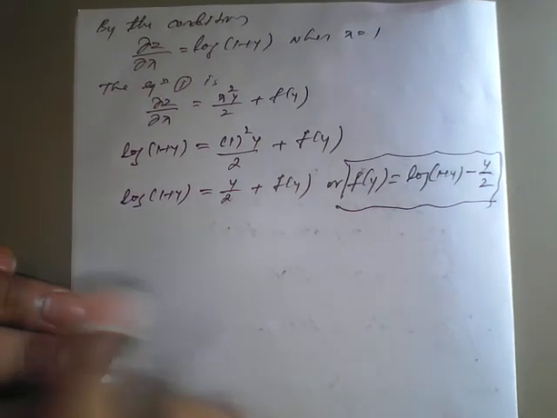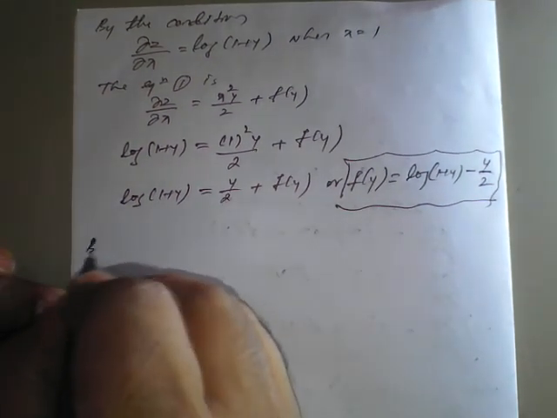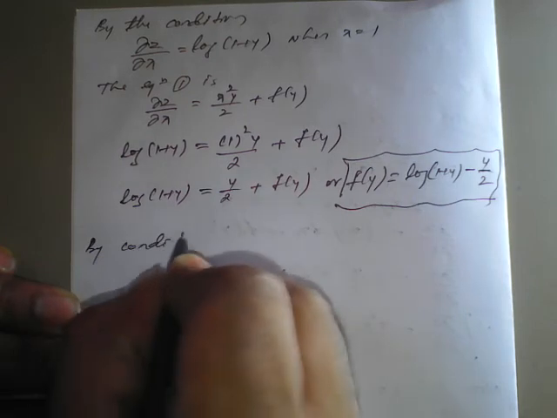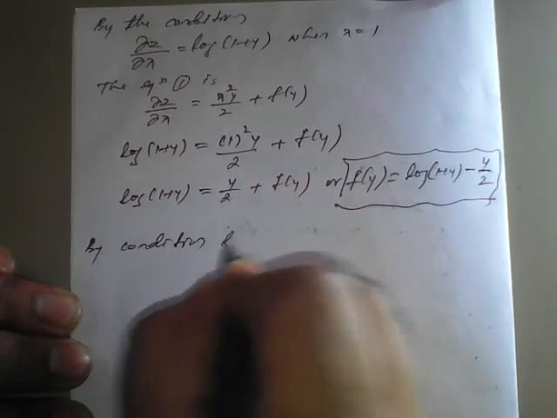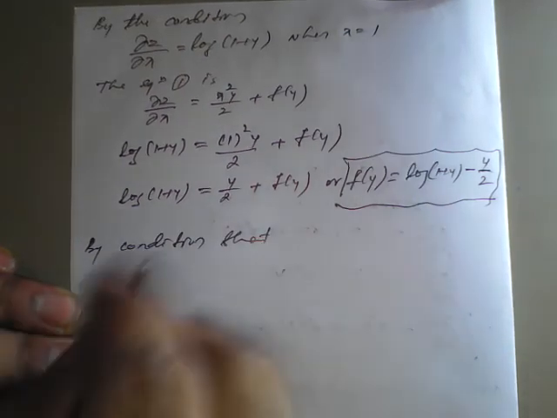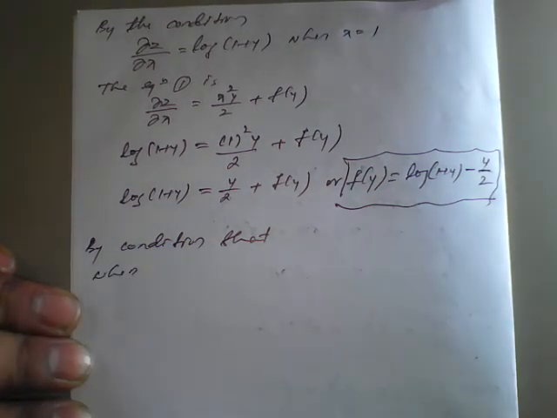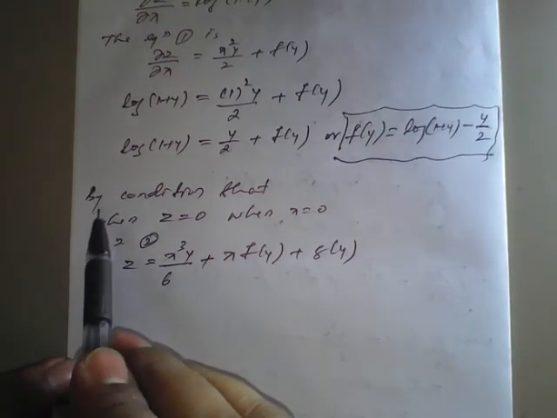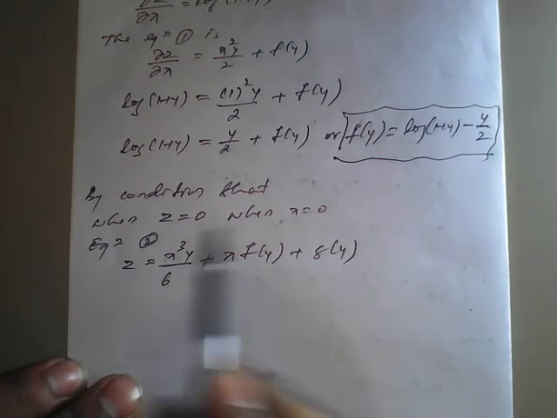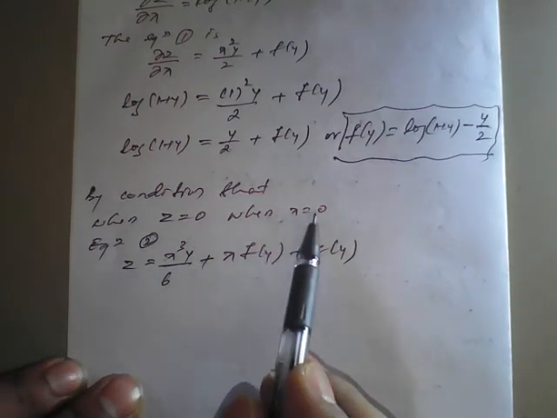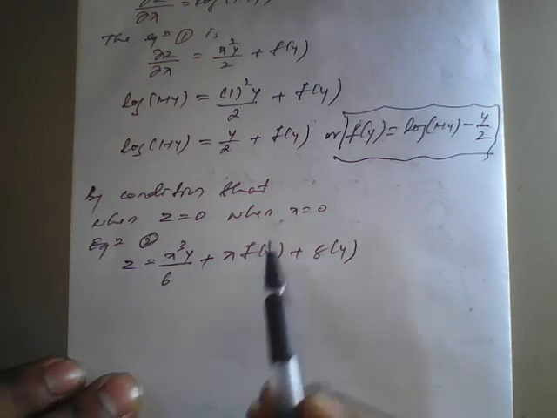Now similarly, the second condition they have given is z is equal to 0 when x is equal to 0. I take equation 2.